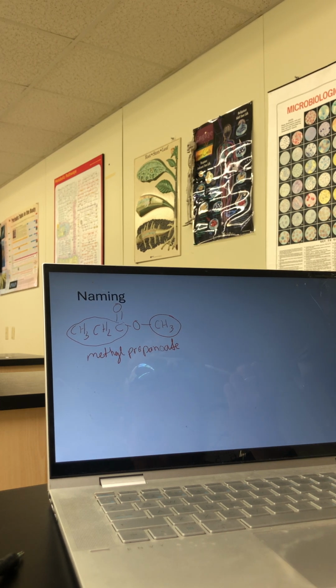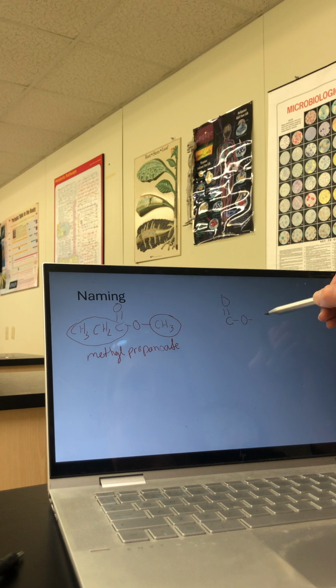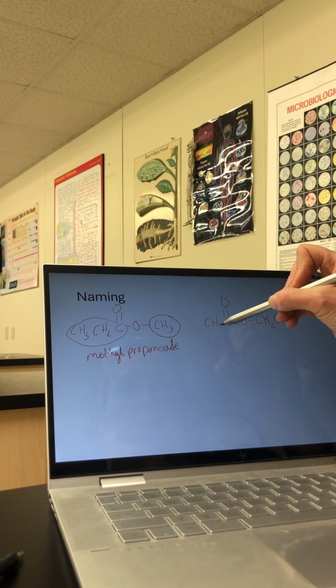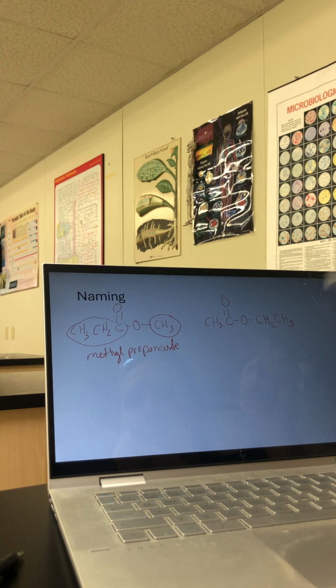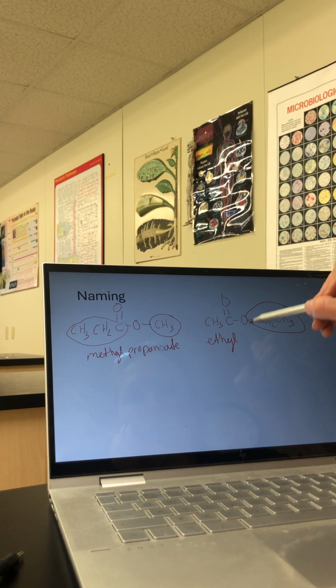Here, another one we could do. And this is actually a very common one, the next one I'm going to draw. Okay, so this time we have an ethyl group as the branch, so it would be ethyl, and then we have 2 carbons, ethanoate.